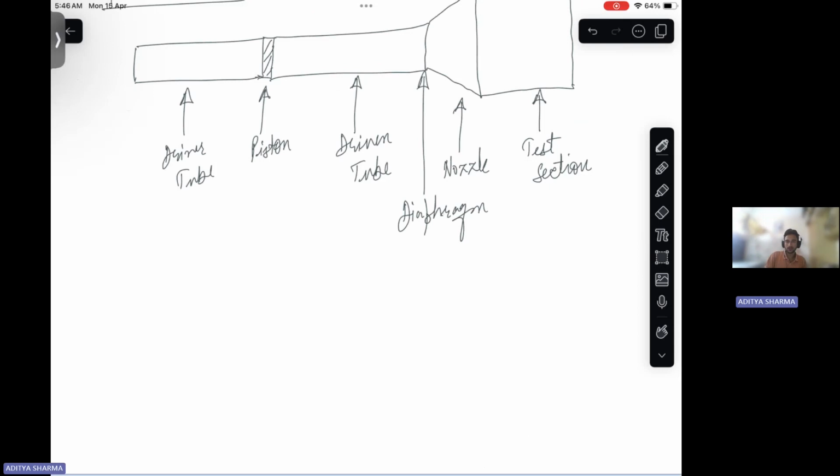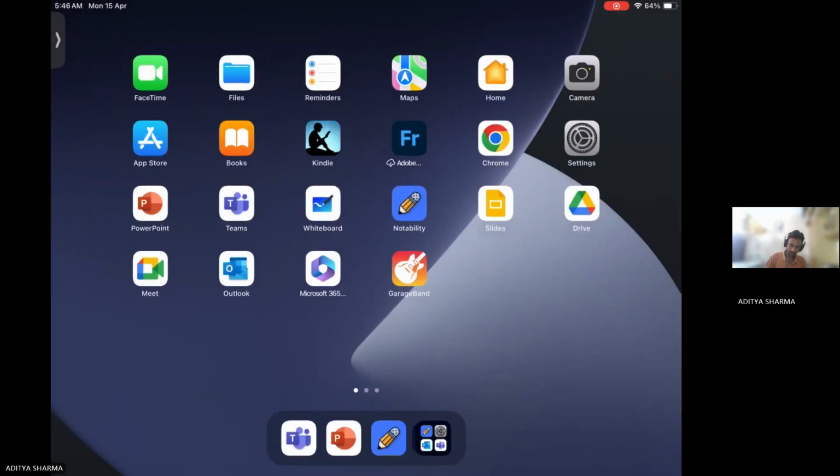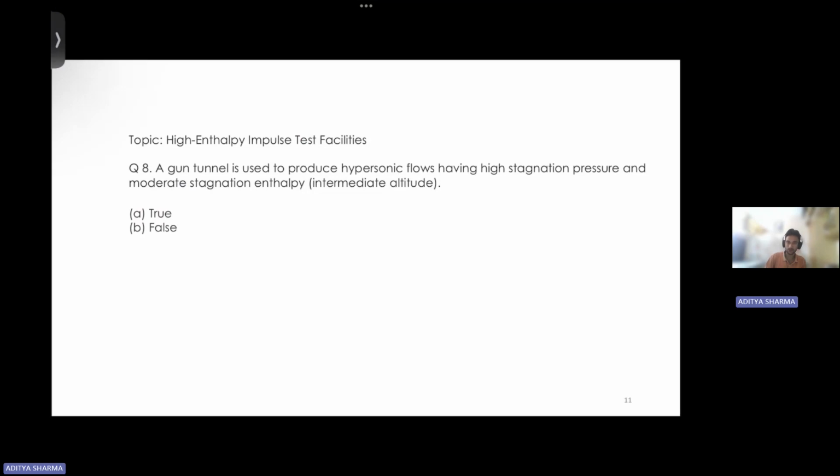Then after the gun tunnel, this is question number 8. The gun tunnel is used to produce hypersonic flow having high stagnation pressure and moderate stagnation enthalpy. So this is a true statement.